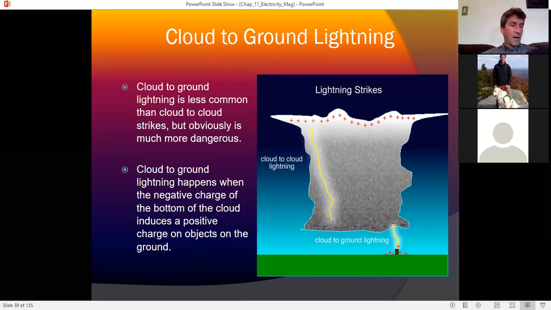Lightning strikes. I've actually experienced my hair standing up a little bit when I was out in the field. I didn't get struck. What happens is the negative charge of the cloud, or the positive charge, depending, will build up charge on the ground.